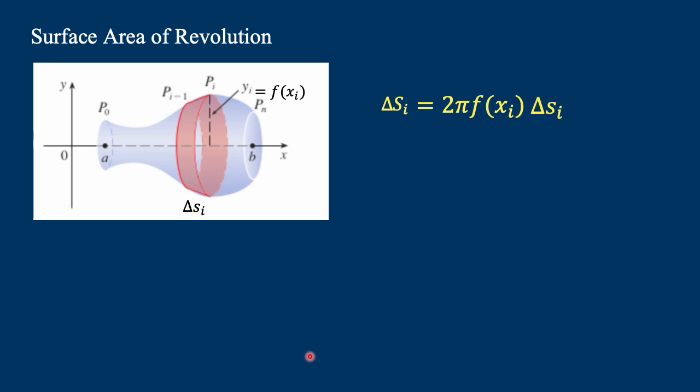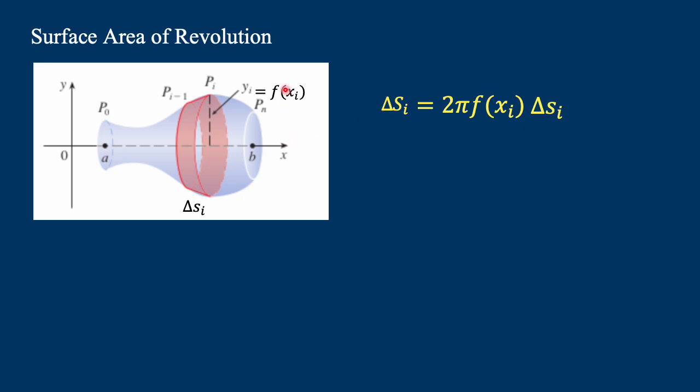You multiply them, and that's the surface area of the thin cylindrical strip. So delta Si equals 2 pi f(xi) delta si. This si is the length of the arc, and this capital S is the surface area of the cylindrical strip.